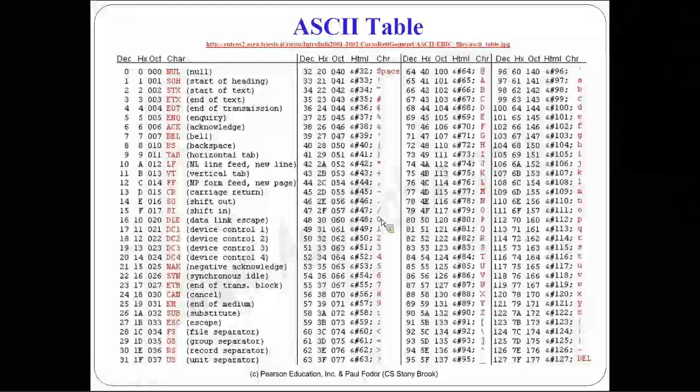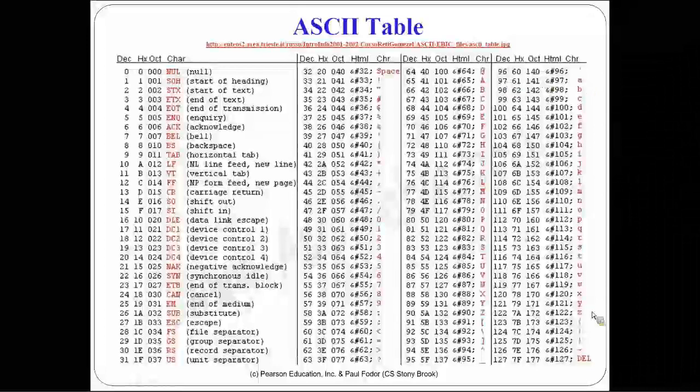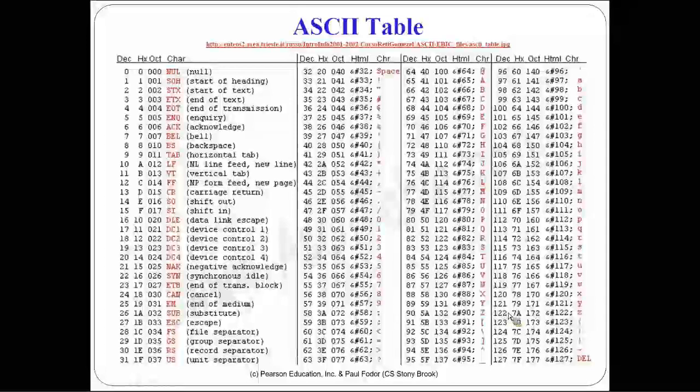So the encoding, the way that the character 0 is stored in memory, is actually stored as the number 48. And so on, up to uppercase letters from A starting with 65 to Z ending with 90, and lowercase a, which starts with 97, to lowercase z, which is 122.